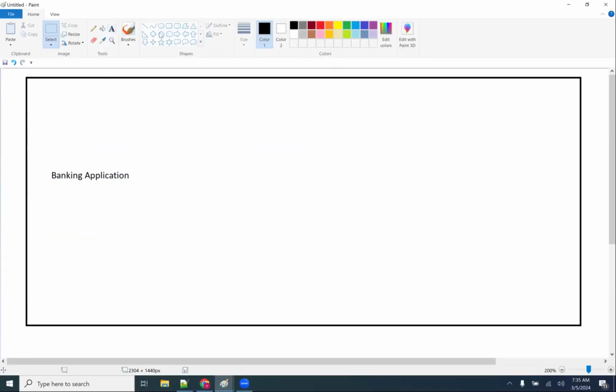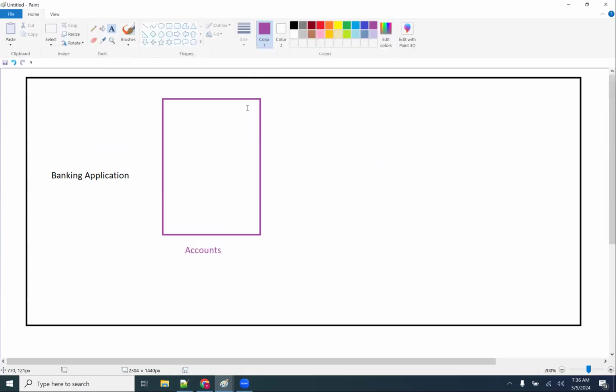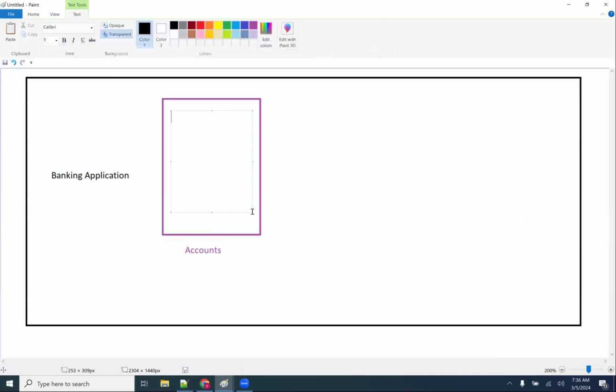One section I am going to have is the accounts section. In that accounts section, I can take all: savings, current, fixed, joint, demat.